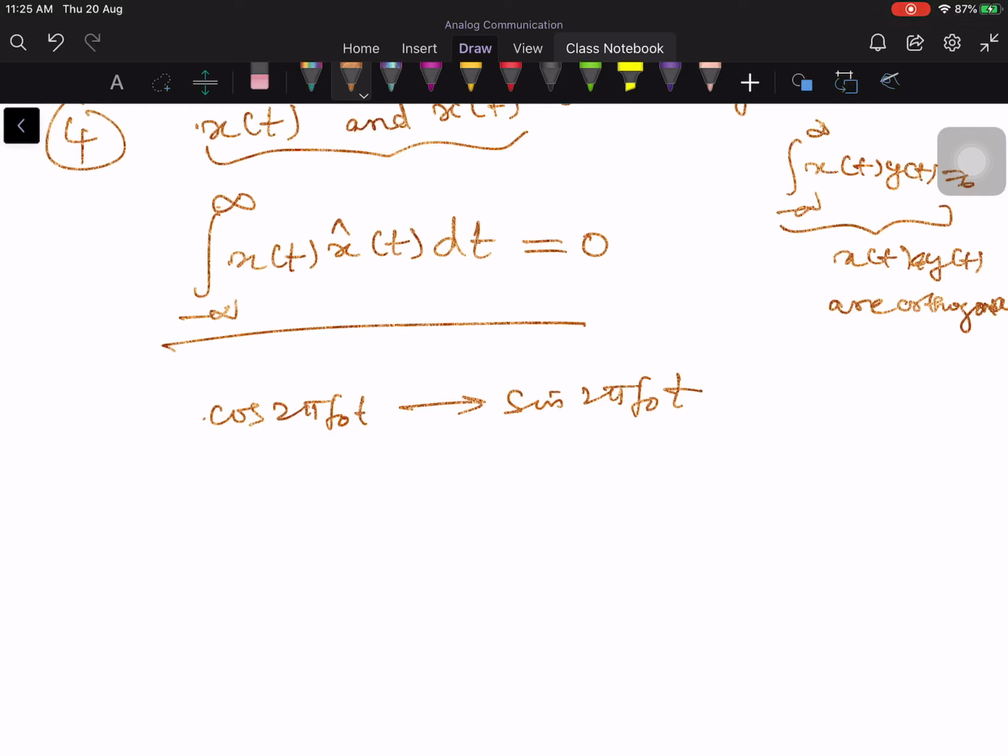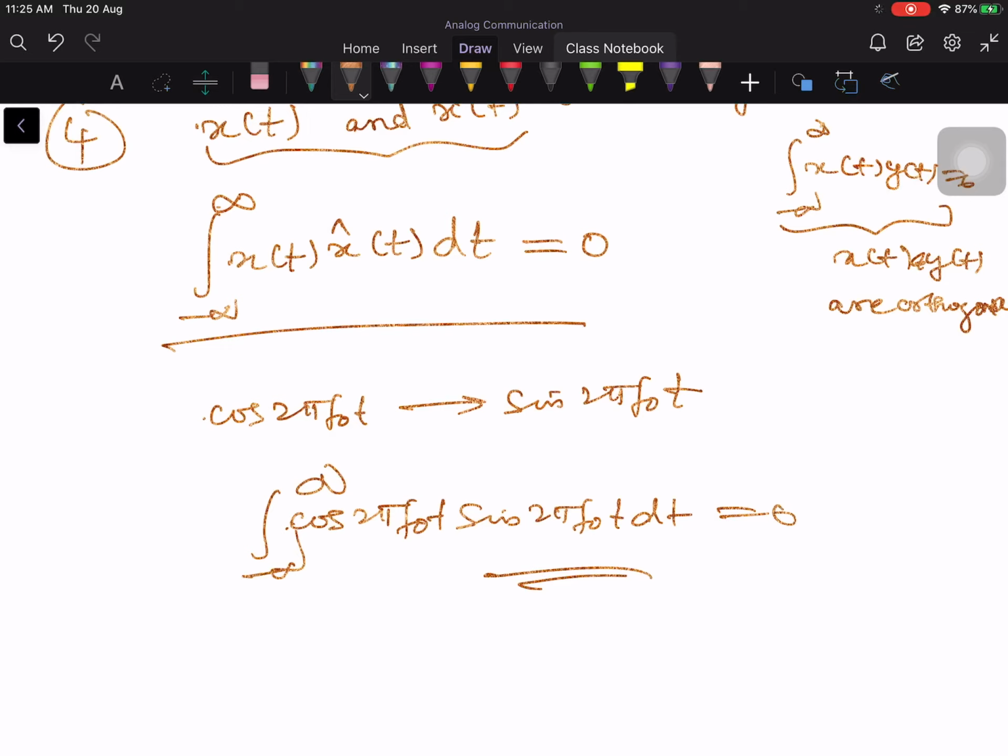In general, one can show very easily that x of t and its Hilbert transform x hat of t would be two orthogonal signals. You can check this actually. Cos of 2 pi f naught t times sin of 2 pi f naught t, integrated from minus infinity to plus infinity, is equal to 0.